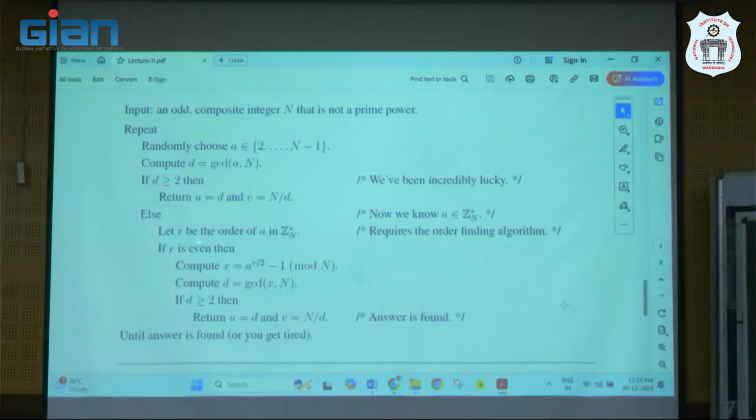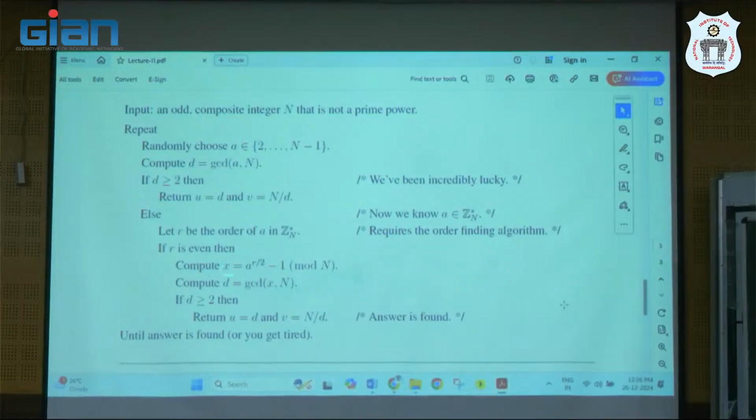Now, using the order finding algorithm, find the order of A in Z star n. That is where we are using the order finding algorithm subroutine, which in turn uses phase estimation and all that. Agreed? Good. If R is even, you found the order.